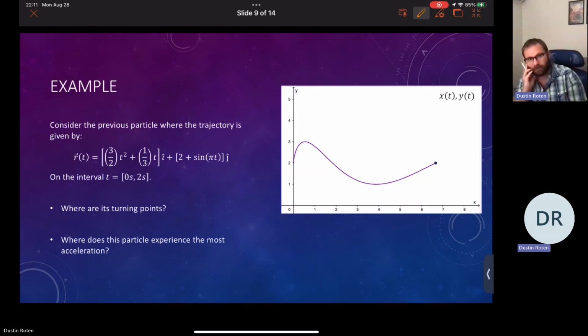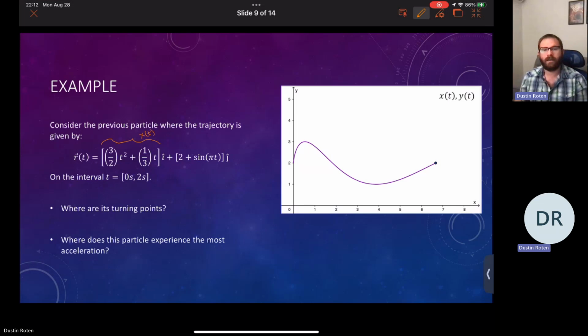So let's look at an example. I'm going to use the same x and y parametric equation from that previous example, the previous plot, and we're going to answer a couple of questions about it. So consider the previous particle where the trajectory is given by this nice parametric equation. So here's my x direction and how it's changing over time.